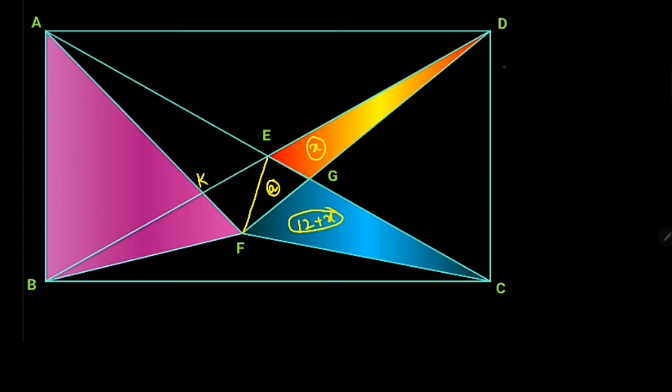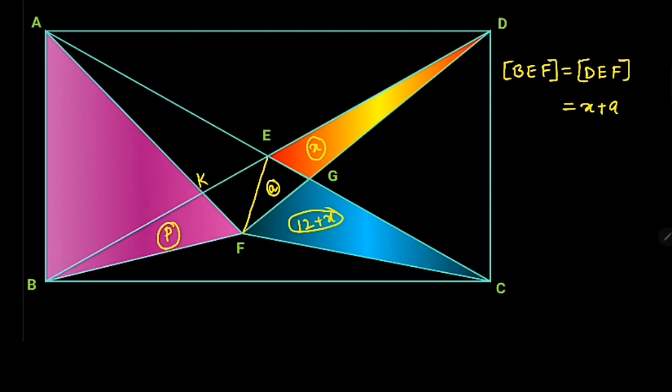The area of BEF is the same as the area of triangle DEF, and both of them are equal to X plus A. Now I am taking the area of BKF as some P.